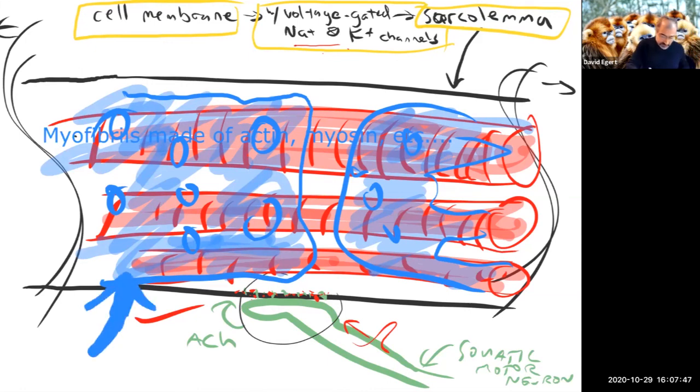This thing that I've drawn in blue here, this is what we're going to call the sarcoplasmic reticulum. And its main job is a calcium reservoir. It stores calcium.